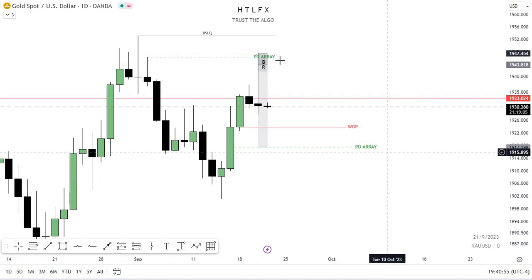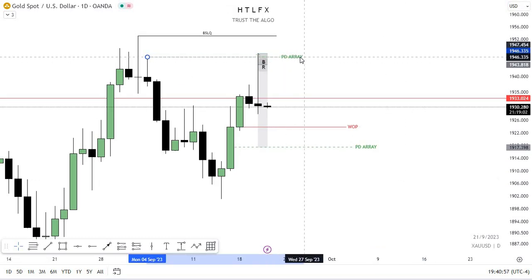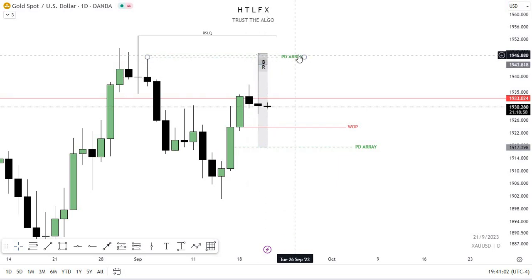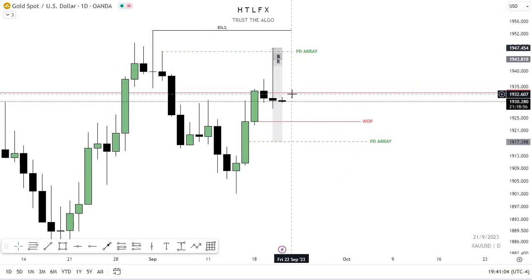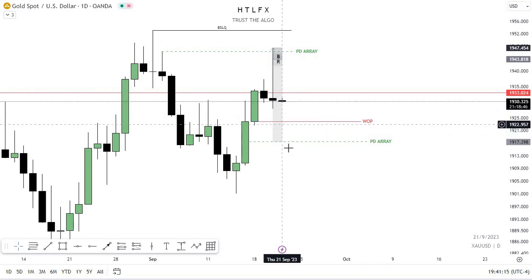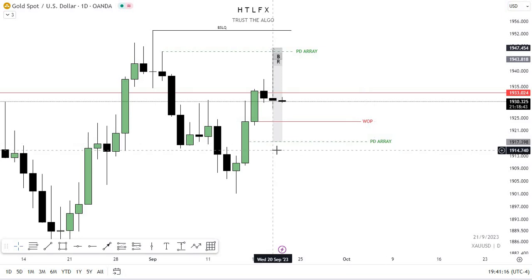So that's the target. Here the logic is the market needs to trade higher, reach the PD array using the volume of the news, then boom, trade lower, and start trading below the weekly open to reach the PD array.